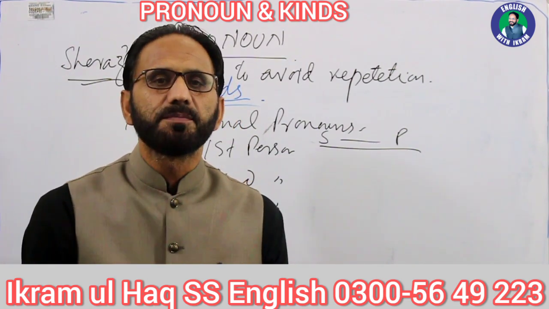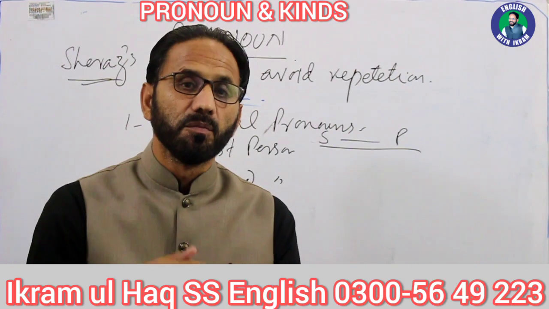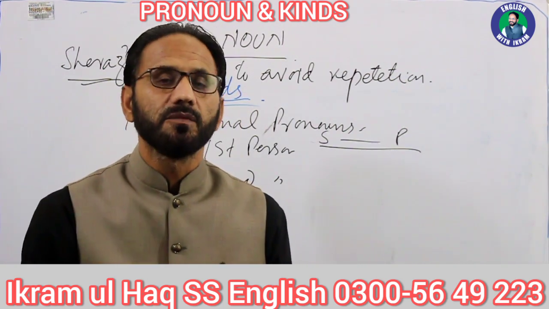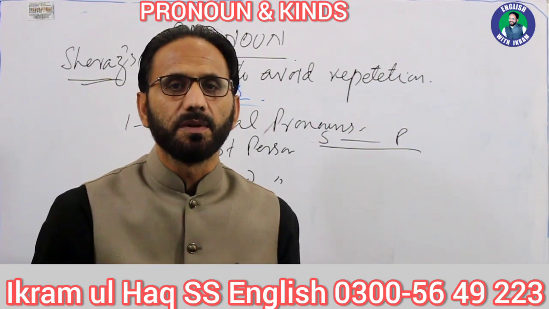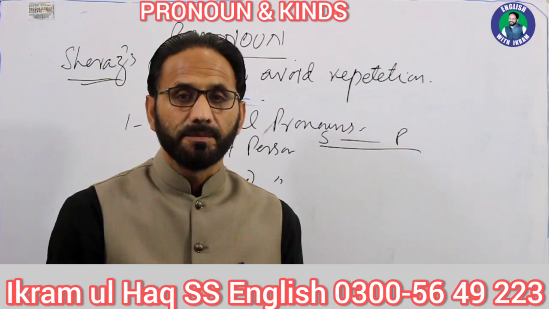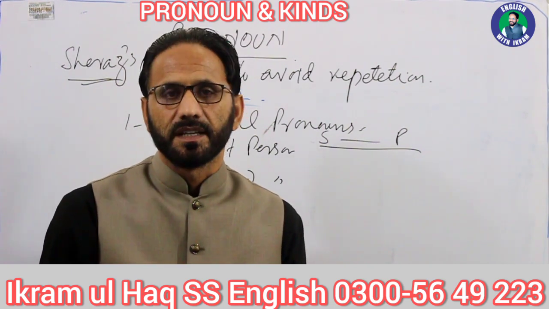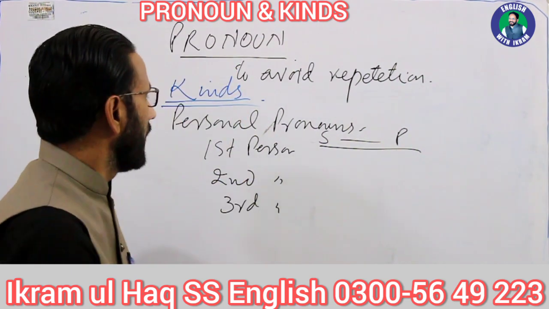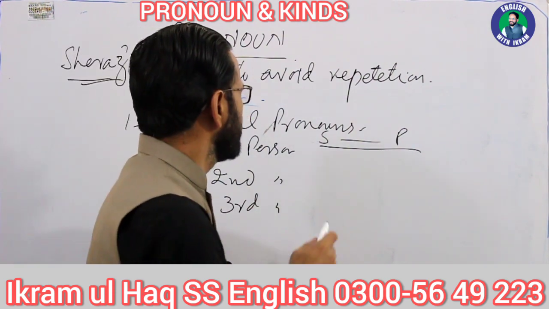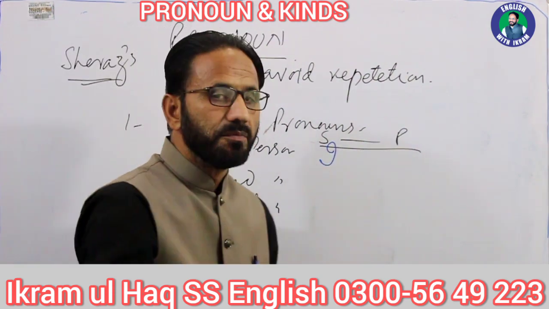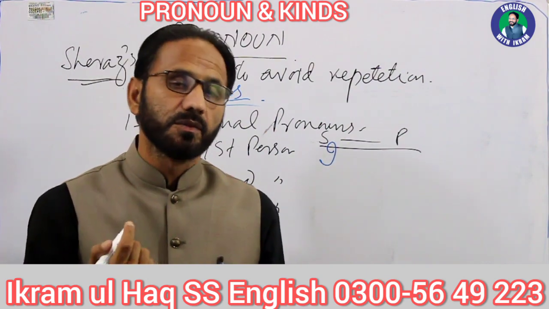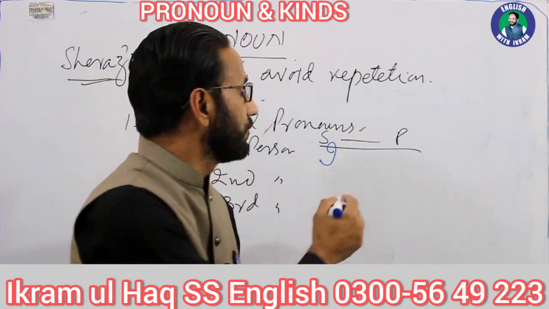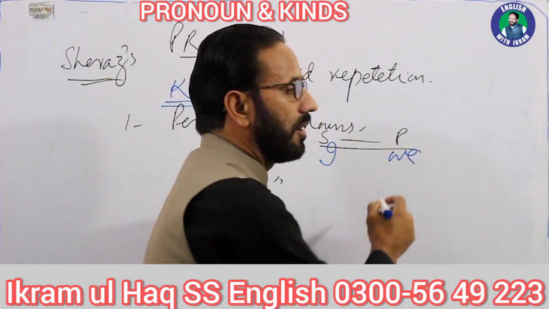If one person is speaking, first person singular. If more than one person are speaking, then first person plural. For example, at the moment I am speaking, I am first person. I will use the pronoun I, first person singular. If more than one person are speaking to somebody, they will use the pronoun we. First person plural, we.